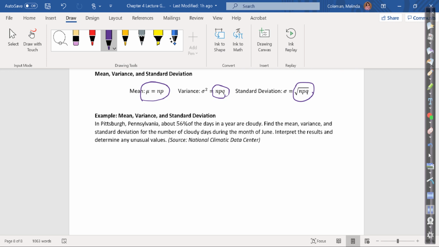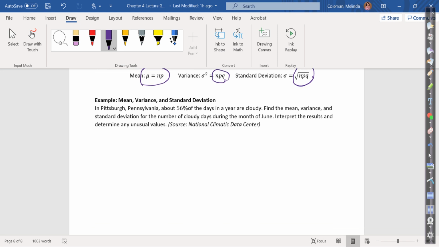So for this example, in Pittsburgh, Pennsylvania, about 56% of the days in a year are cloudy. Find the mean, variance, and standard deviation for the number of cloudy days during the month of June. Interpret the results and determine any unusual values. So we're talking about the month of June.